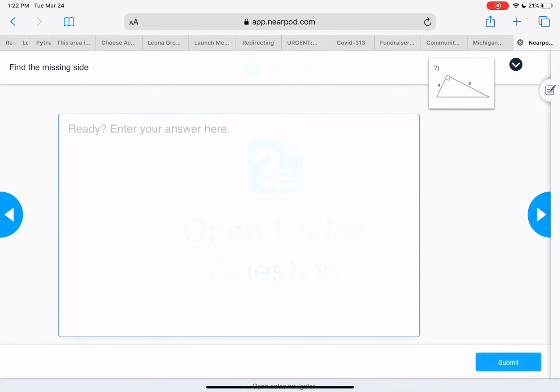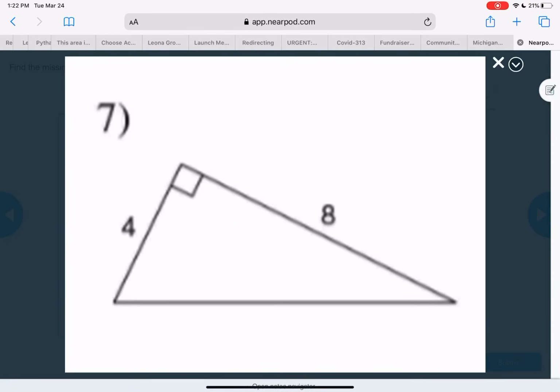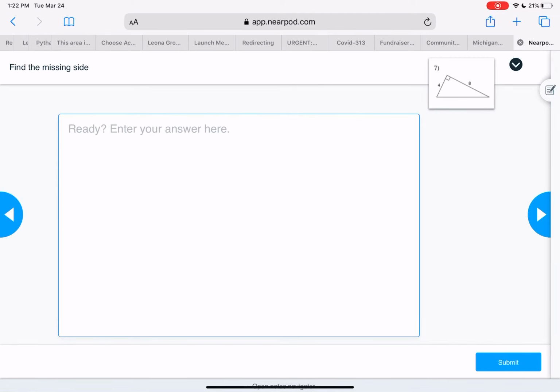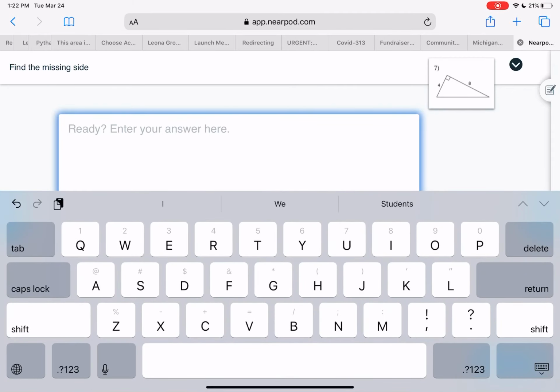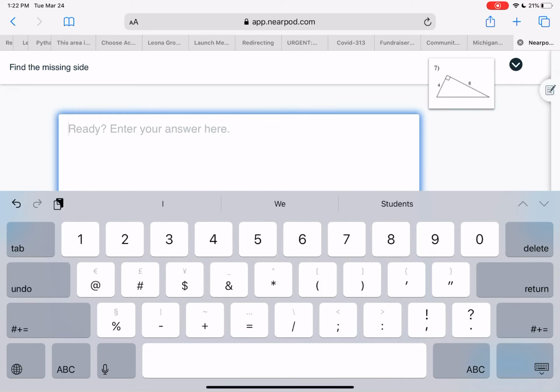Number 7, this one is the first one where it says find the missing side. So here you see you have 2 numbers, and you need to find that third side. Once you find it, please just do it on a separate sheet of paper. You do not need to worry about showing all your work on this one. Just find the answer, and then whatever your answer is, type it in.